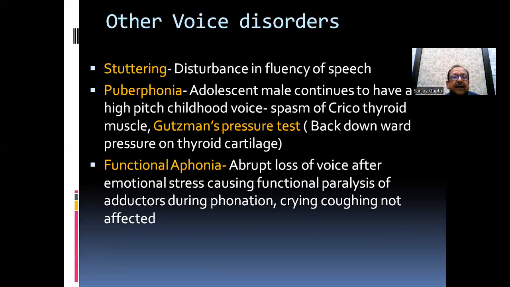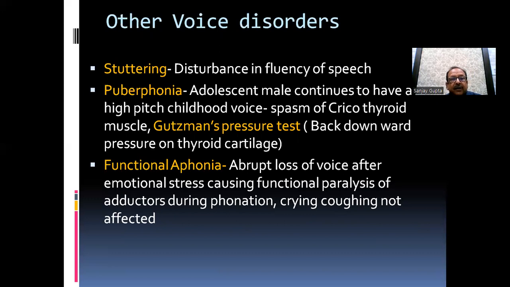This can be confirmed by Gutzmann's pressure test, in which a backward and downward pressure on the thyroid cartilage is given, which improves the voice. And functional aphonia: abrupt loss of voice after emotional stress, causing functional paralysis of the adductors during phonation.